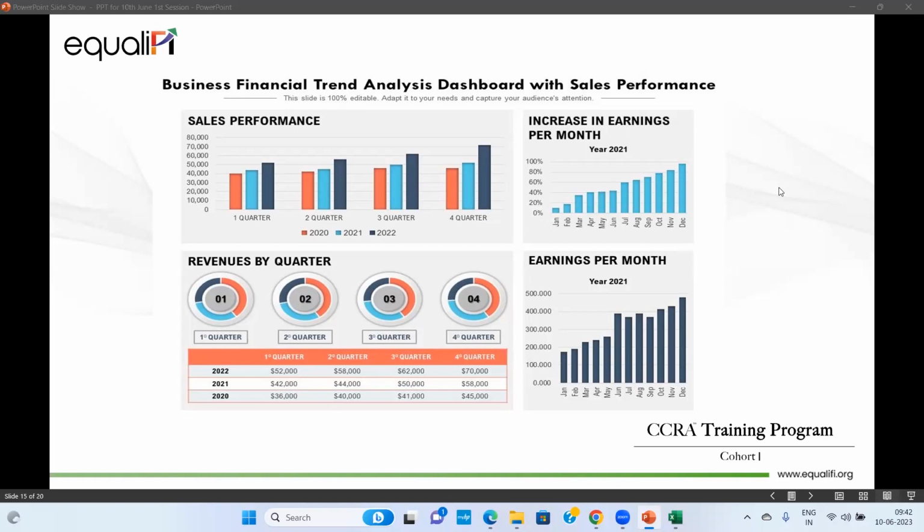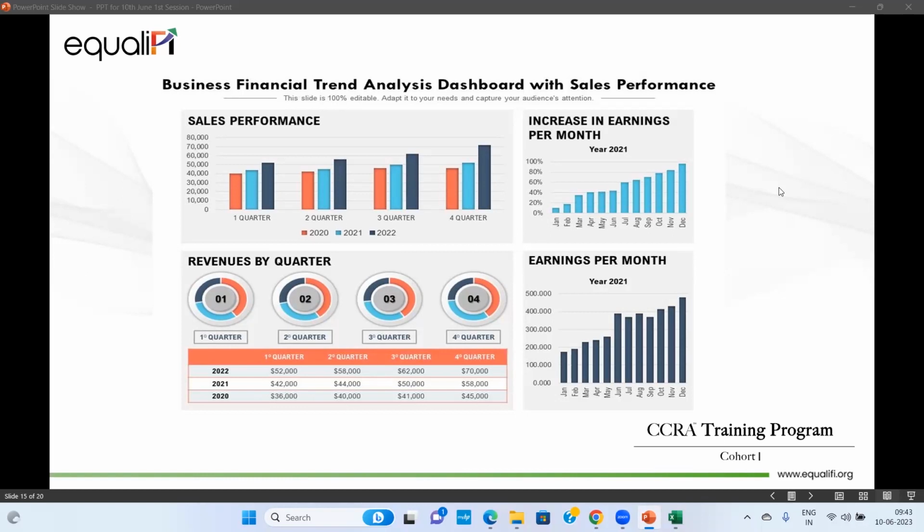As a credit analyst, you don't need to do this. You have to read and understand this. This will already be available to you. So you can see first quarter 2020 sales performance versus 2021 and 2022 sales performance for the first, second, third, and fourth quarter.